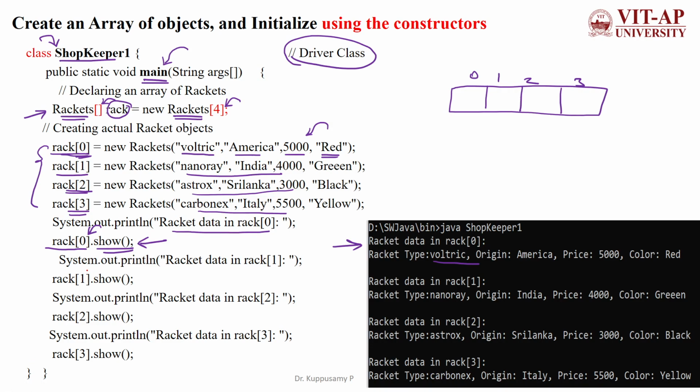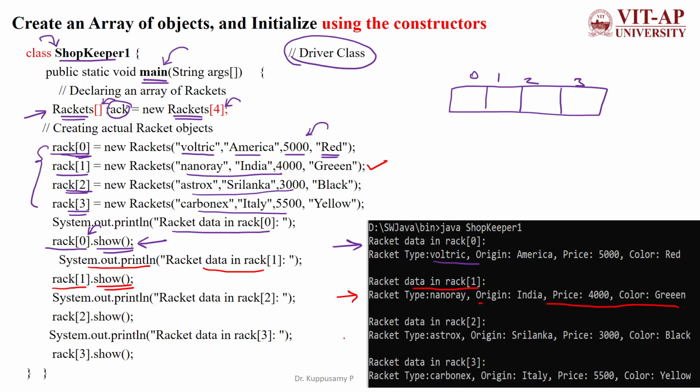Then here you are calling the next system dot out println statement. Here the second record label is printed. Then we are calling the second record RACK of 1 with values, which is displaying by calling the show method here. Then the second record is displaying with these values.